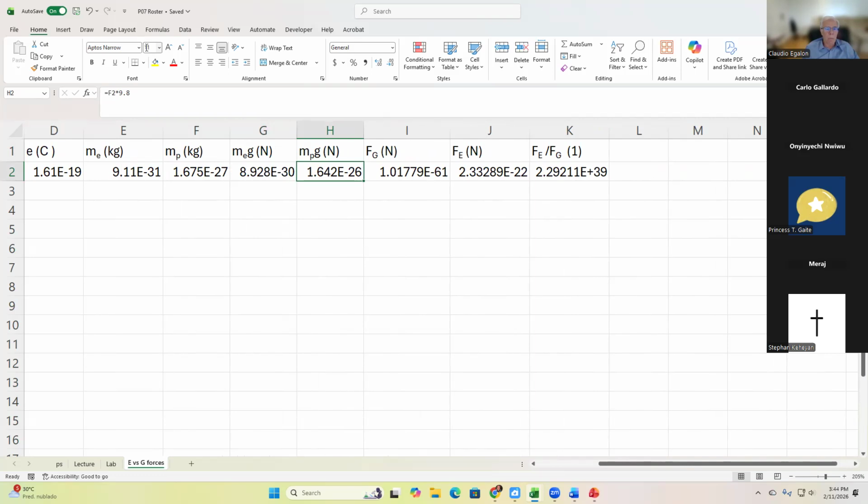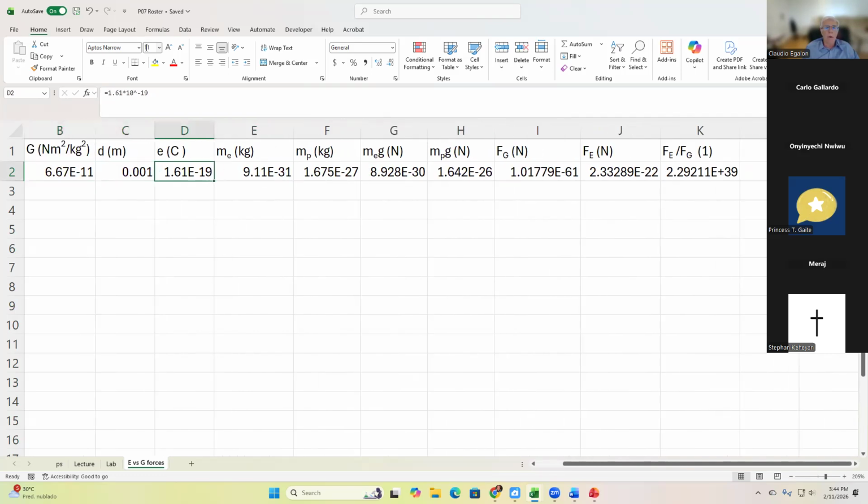So depending on the distance between the proton and the electron, the weight of each particle is going to be larger than the gravitational force, right? So that's what we get, okay?